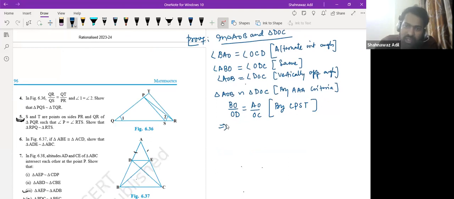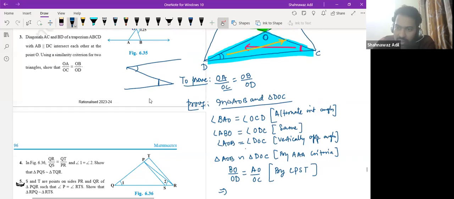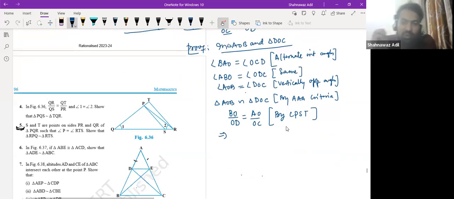So if we rearrange this, what they wanted us to do is CPCT? CPCT is corresponding part of congruent triangles. We don't have congruent triangles, we have similar triangles. What is the property of similar figures that we understood in the first exercise?